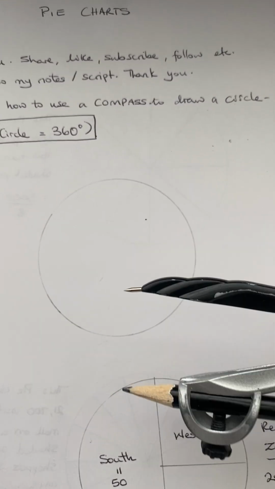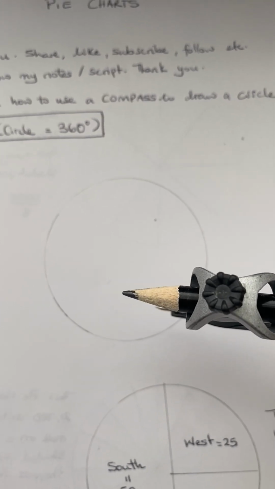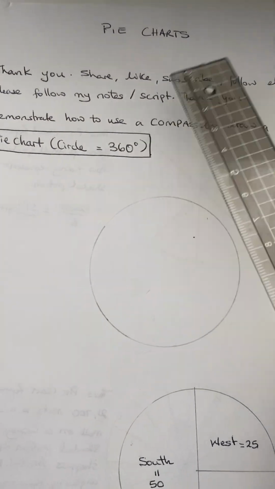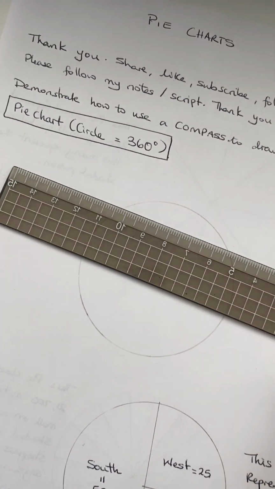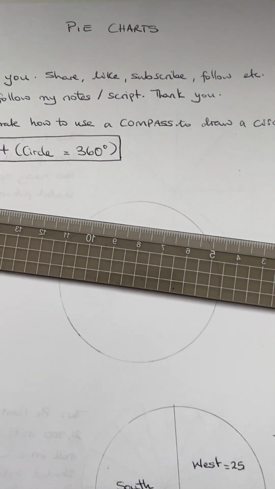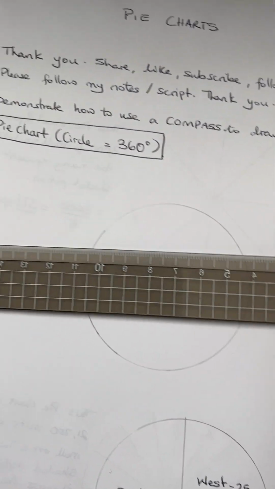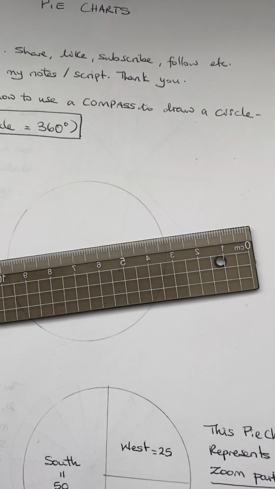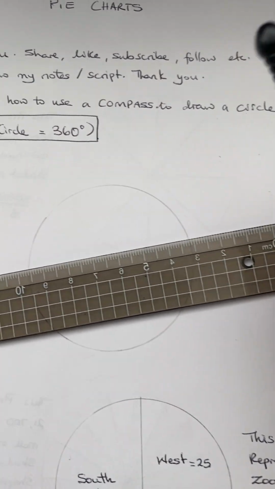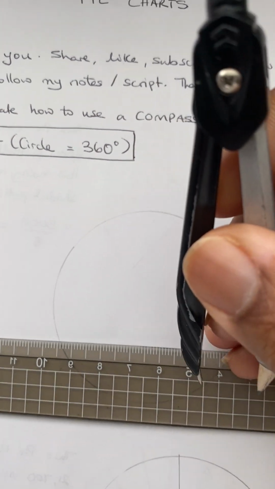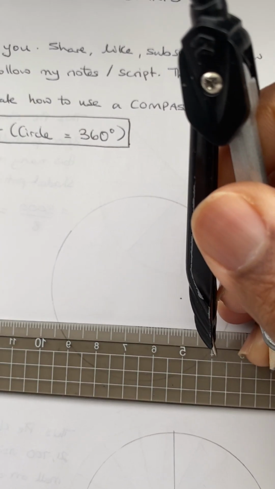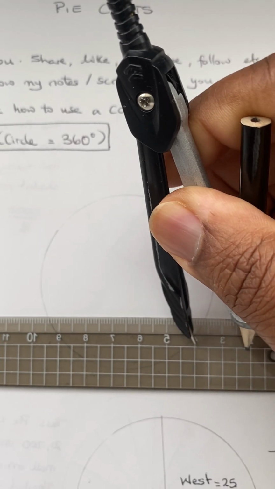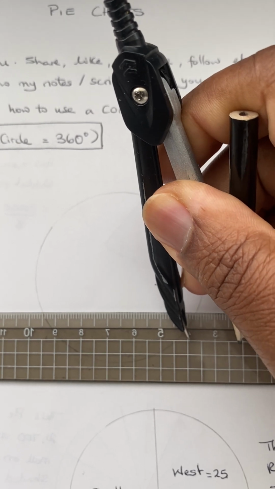Now, if you are being asked to draw a circle of radius 2 centimeters, that might be your ruler. You just have to measure 2 centimeters. If the diameter is 6, then you are going for 3, but this is 2 centimeters.